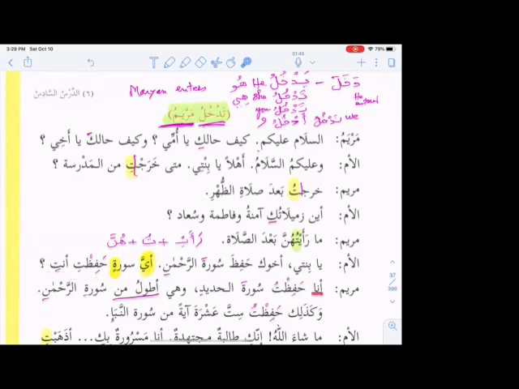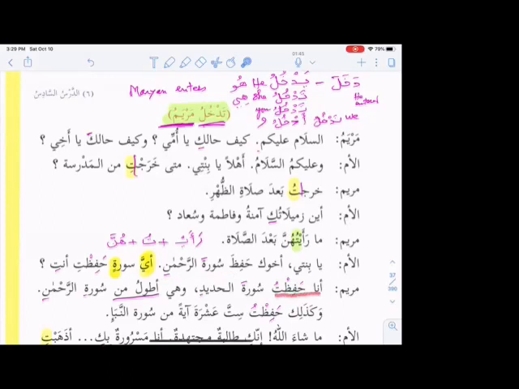Ana, I, hafiztu. Surat al-Hadid. I memorized Surat al-Hadid. Akhuka hafiza Surat al-Rahmani. The mother is saying, your brother memorized Surah Al-Rahman. Which surah did you memorize?